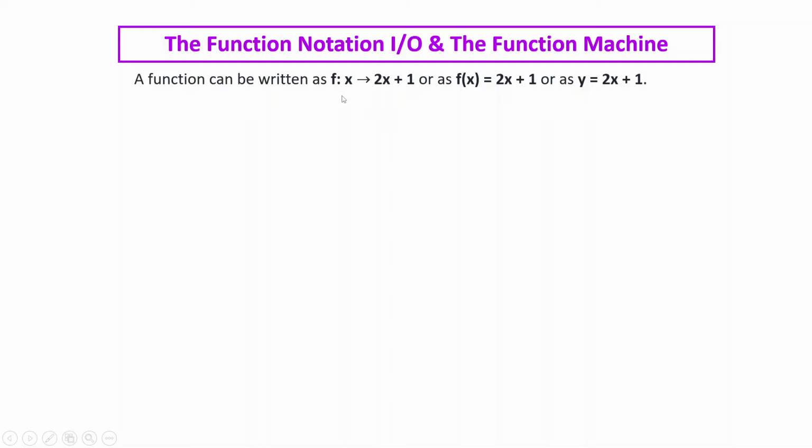We hardly ever use this one, but this is also one of the notations, and you may have this type of a notation for a function in some question, and if you don't know how to read this, you'll not be able to answer the question. As simple as that. So you have to remember this form also, but when you are free to write, you're free to use any form, so you can use either of these. Of course, you can use this as well.